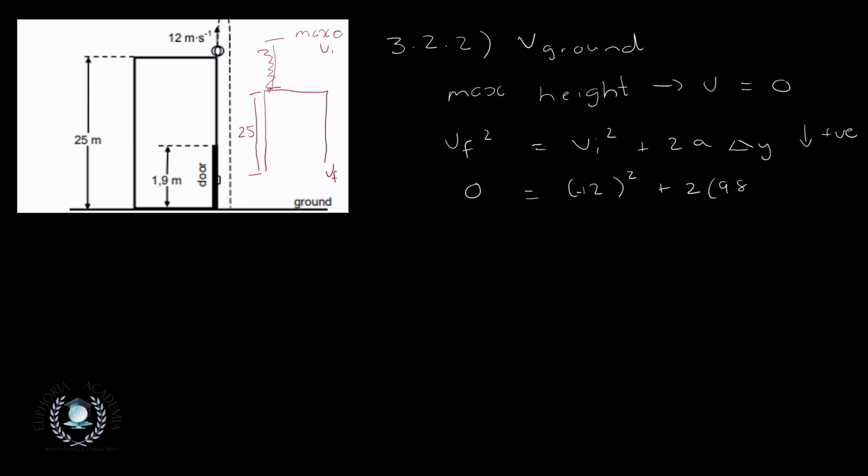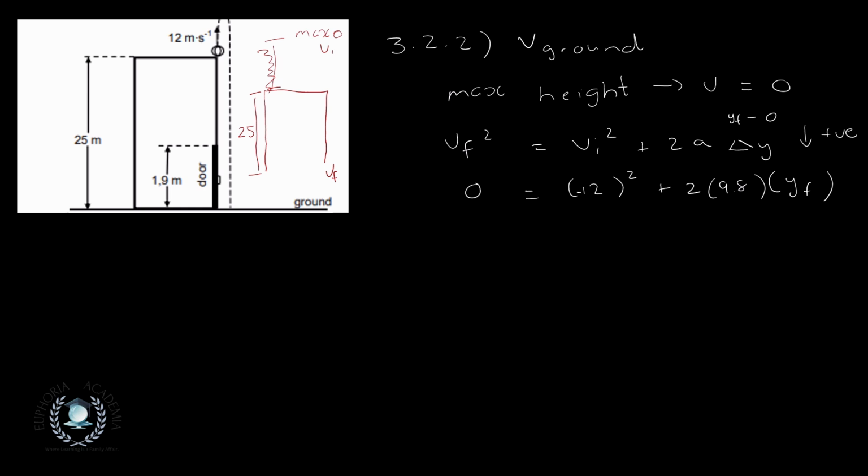This a is positive, and our delta y in this instance, we're taking our yf, that's our final displacement, minus, we'll use the reference frame that this is going to be 0, so I'll just find this yf and drop the delta.